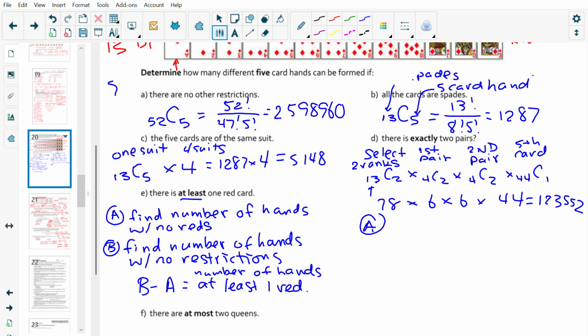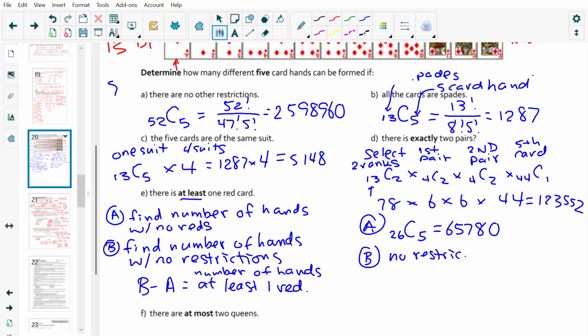Okay, no reds. So we know that 2 of the suits are red, so that's 26 cards that are red. So 52 minus 26. I have 26 remaining cards to pick from. I need a 5-card hand. So 65,780 possible 5-card hands where there are no red cards.